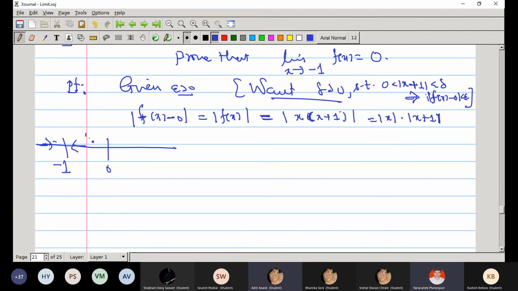So we can take delta equal to 1. Actually, if we put a control, suppose x plus 1 is less than, x plus 1 means actually x minus of minus 1. x plus 1 is less than what? Distance of x from minus 1 is less than what?